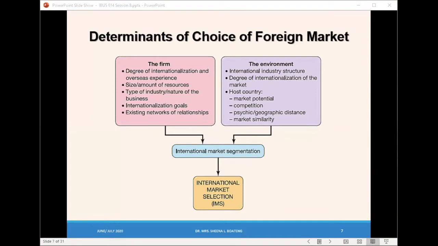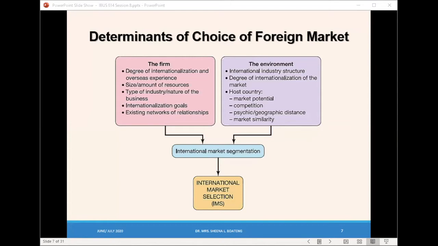The first and most important one is the degree of internationalization and overseas experience that they have. This is a very important factor because we have learned from our previous sessions that the international market is a very volatile place.